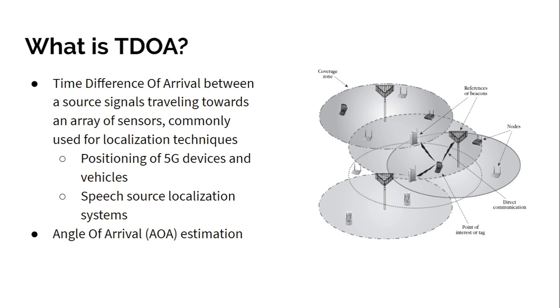Speech source localization is also very common when we work with TDOA because in many situations we work with acoustic signals and our array of sensors is actually just a set of microphones. But some other interesting applications are also included in this research field, such as power line fault localization.